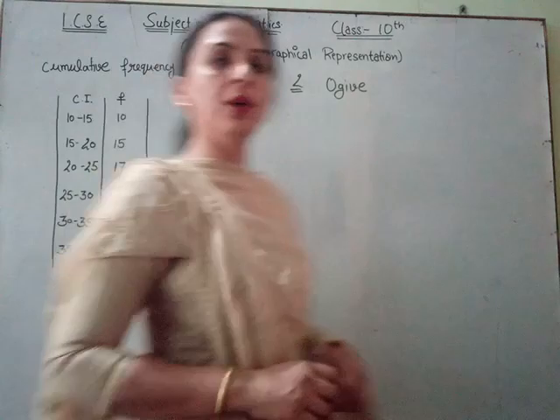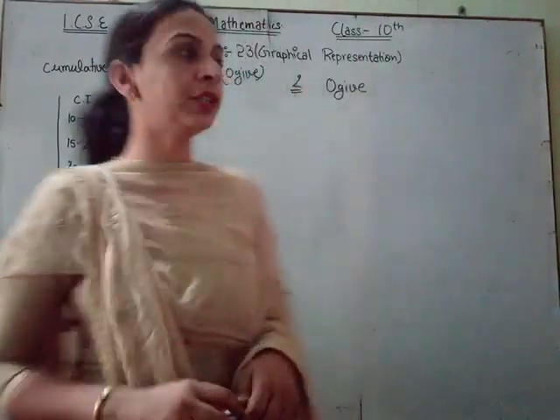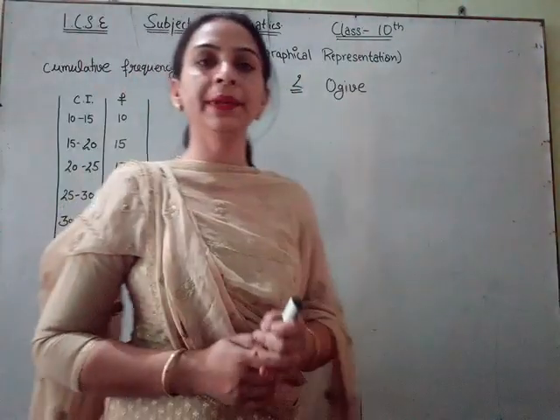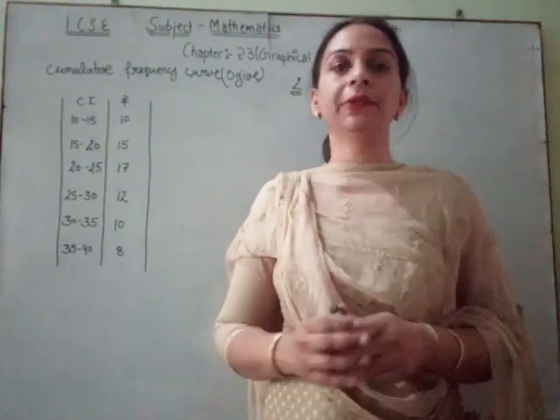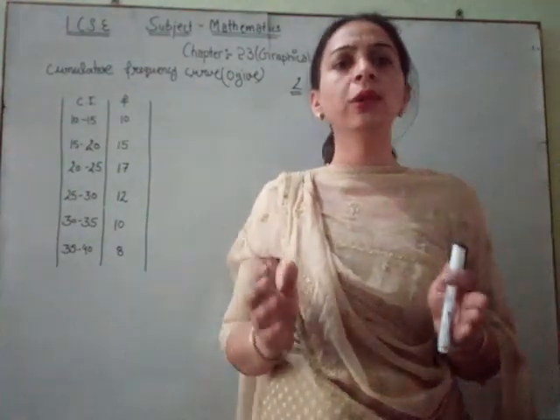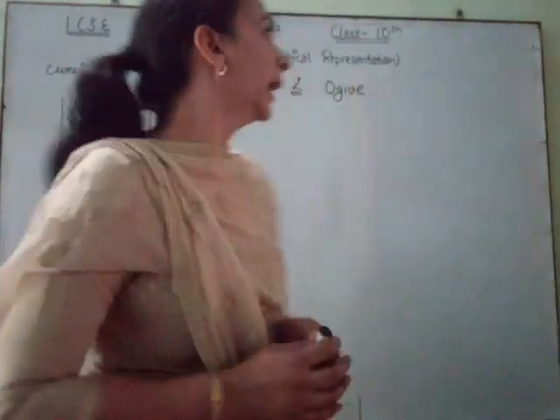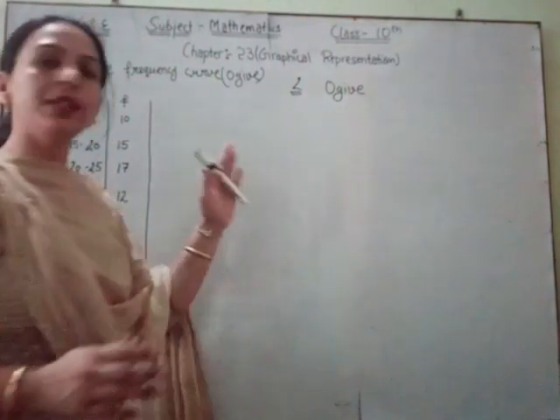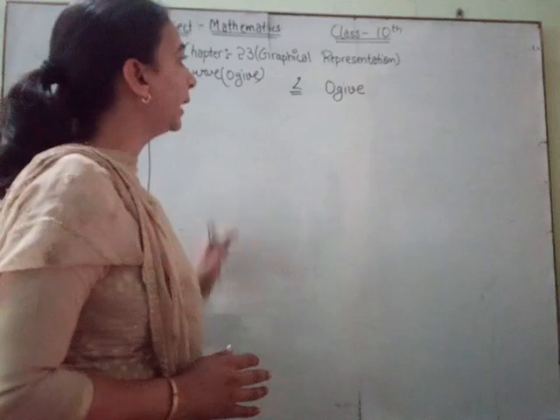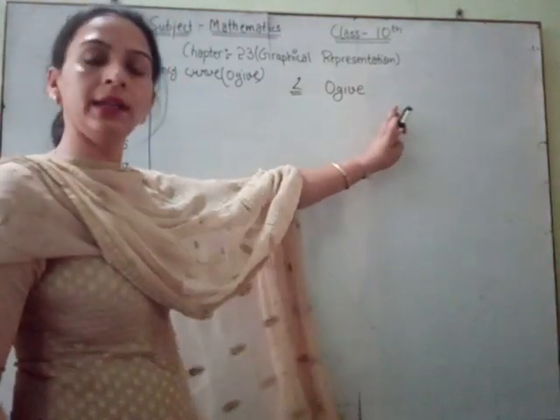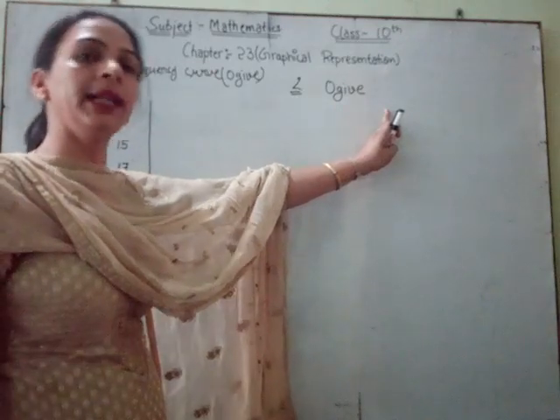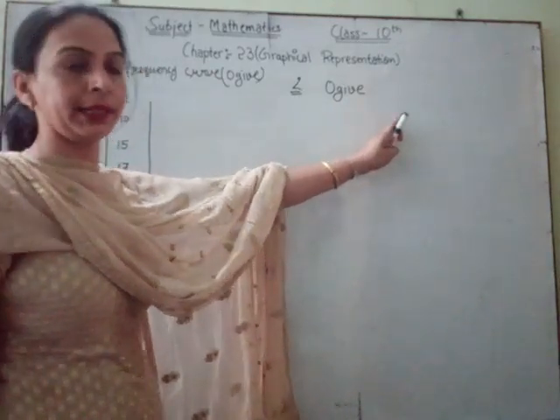Next, for ogive. What is ogive? Student, ogive is a rising curve. Ogive is always a rising curve. Ogive starts from a point on the x-axis and terminates at the upper limit of the last class interval.